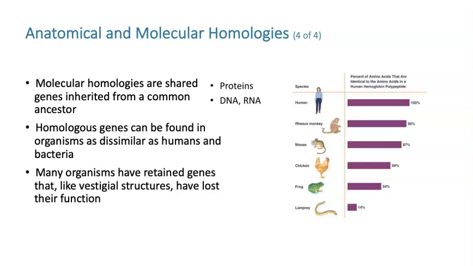It turns out that some of the genes that are found in humans are also extremely similar to the genes found in bacteria. In fact, many organisms have retained genes that are kind of like vestigial structures. They've lost their function, but the gene still exists. A great example of this is found in chickens.